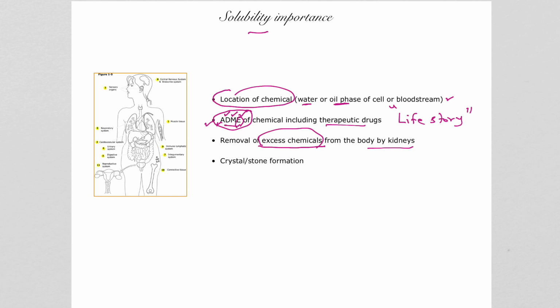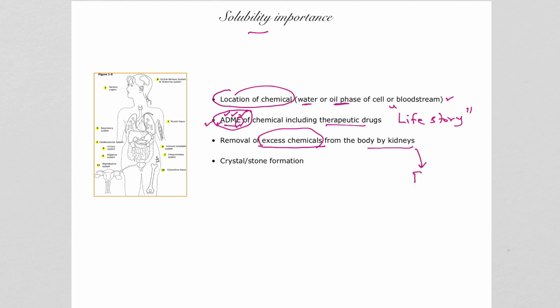So we try to get rid of as much excess chemicals as possible through the kidneys, because the kidneys are a very, very efficient way of getting rid of excess chemicals from the body. For those chemicals that are not water soluble, the body modifies them as much as possible to make them more water soluble so that they can be excreted by the kidneys.